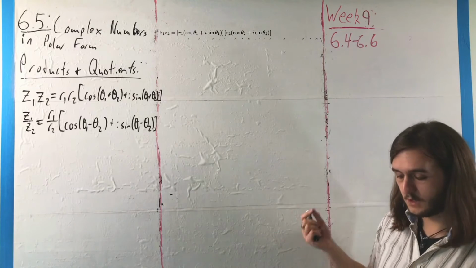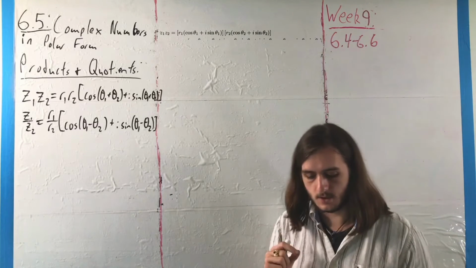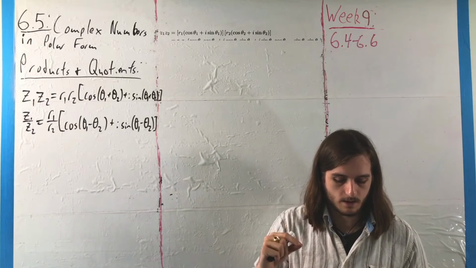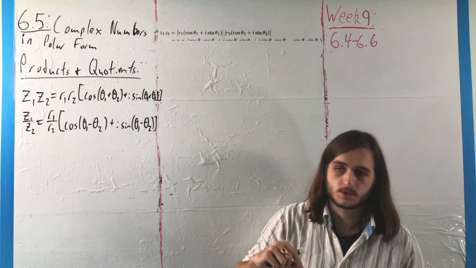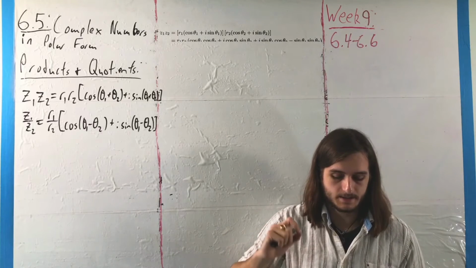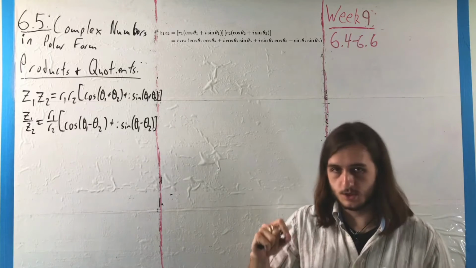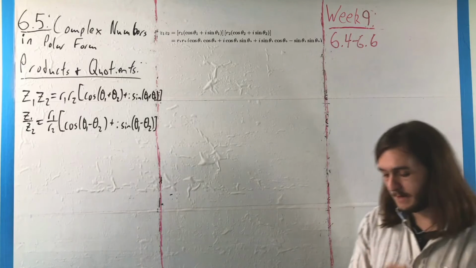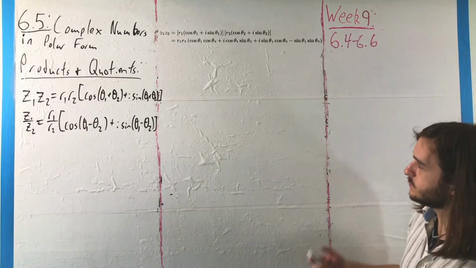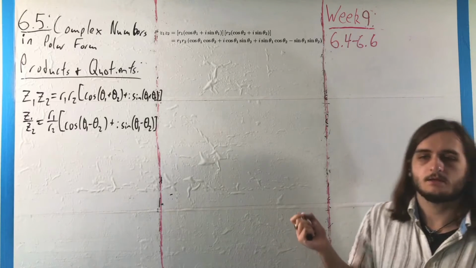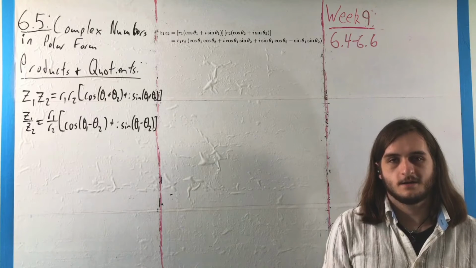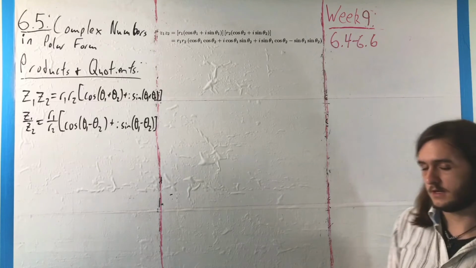Then you will have cosine of theta 1 times cosine of theta 2, first terms, plus i cosine of theta 1 times sine of theta 2, first times second, plus i sine of theta 1 cosine of theta 2, second times first, minus sine of theta 1 sine of theta 2, which comes from the seconds being multiplied and the i being squared, leaving a negative 1.